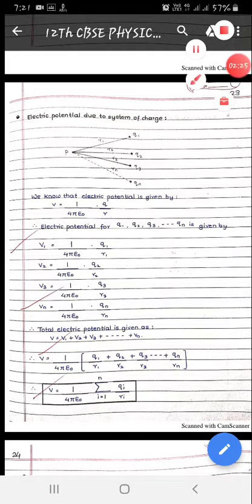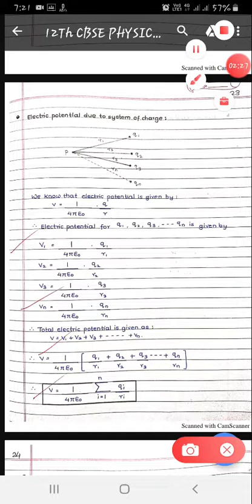We know the expression for electric potential due to a single point charge: V is equal to 1 upon 4 pi epsilon naught, charge upon distance from point P, isn't it? Now we apply this formula for charge Q1.